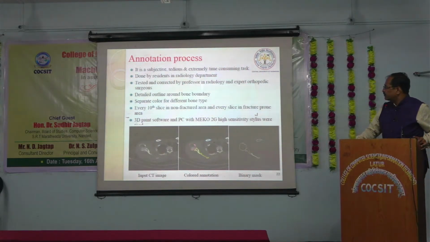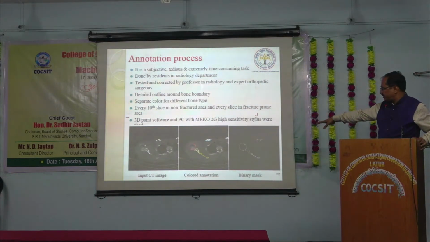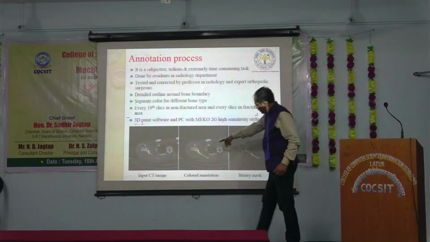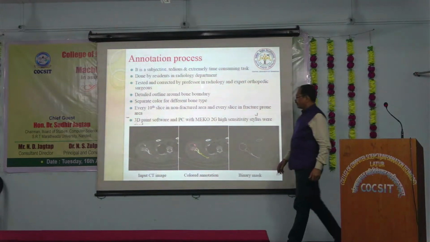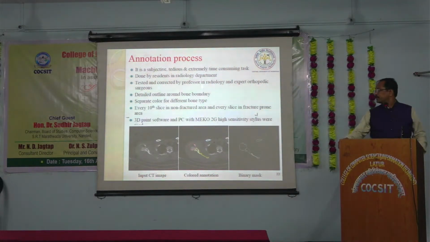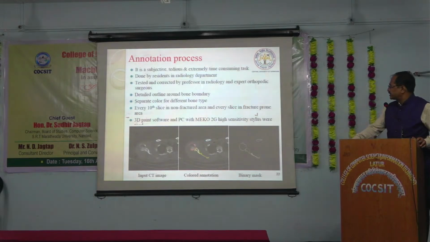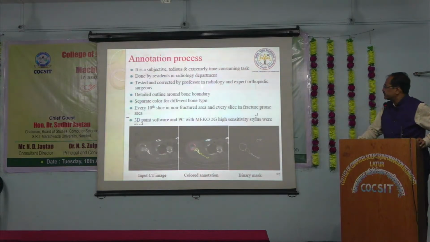Detailed outcome around bone boundary. You can see this is the annotation. Okay, in this part you can see the bone part we have annotated. And then we used separate colors for each bone part because we have to identify how many broken pieces there are.